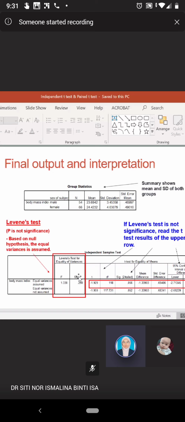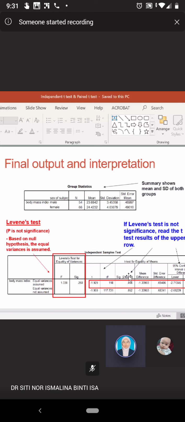Okay, tapi based on this result, the p-value is not significant, means that equal variance is assumed. So we can take the result of the test in the upper row. So here the p-value of the test. Yang kita nak test our hypothesis adalah based on t-test.